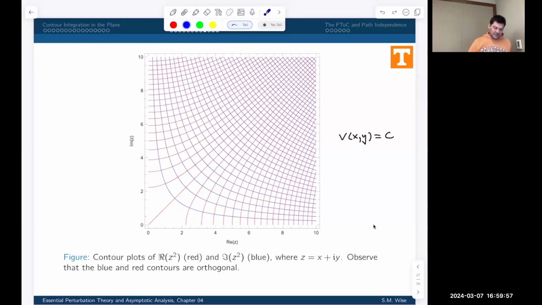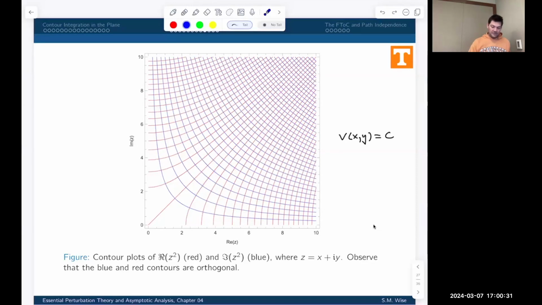Notice something interesting: these are the iso-contours, or the level curves, of u. And notice that they have this orthogonality property with the contours of v. In fact, we can show that these are always going to be perpendicular to each other. And these level curves of constant u are the steepest ascent curves for climbing up this mountain of v.